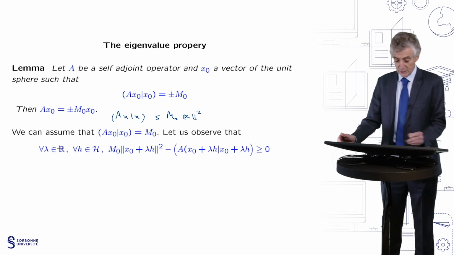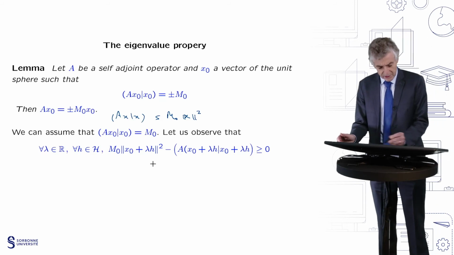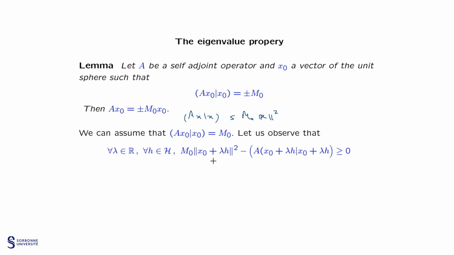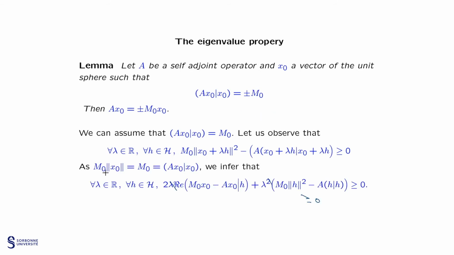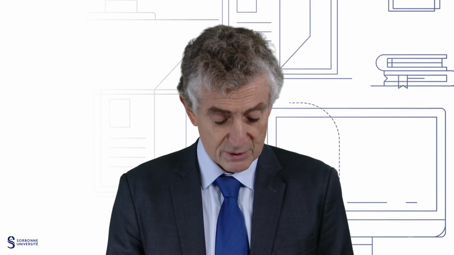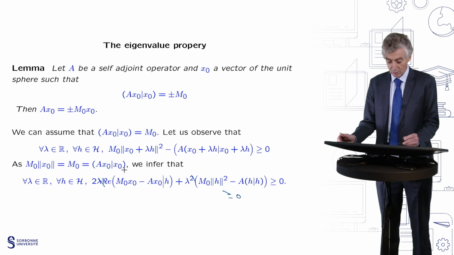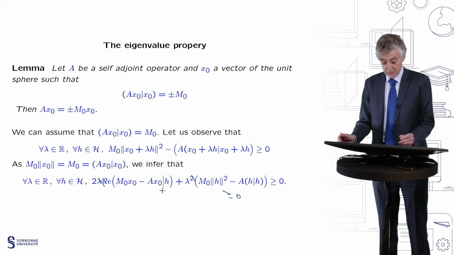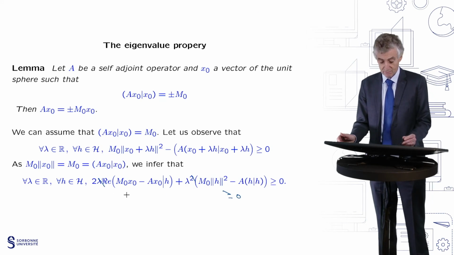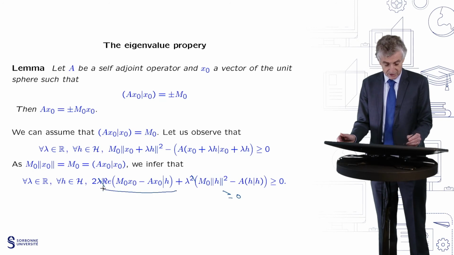So what we have, for any h and lambda, is that this is positive. When we develop, using the fact that M0 equals ⟨Ax0, x0⟩, we infer that the result of this is this. And here we can simplify. And here what we have is that the real part of this is positive for any h.